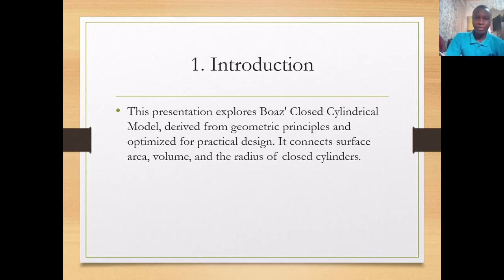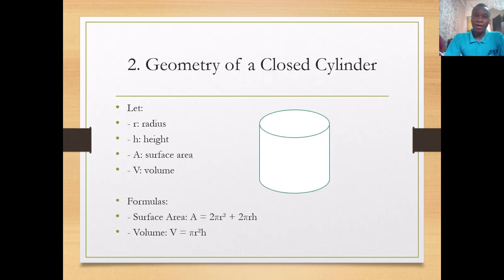This presentation explores the Boas closed cylindrical model, derived from geometric principles and optimized for practical design. It connects surface area, volume, and the radius of the closed cylinder. So here we have a closed system of a cylinder.